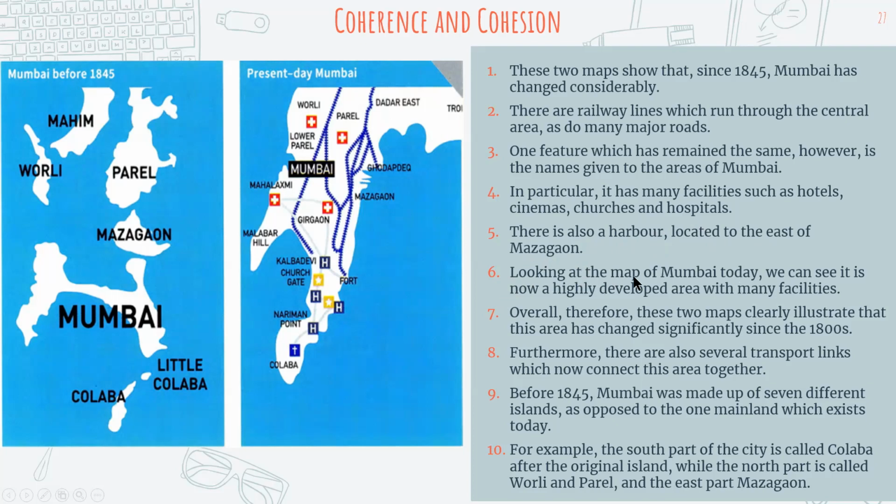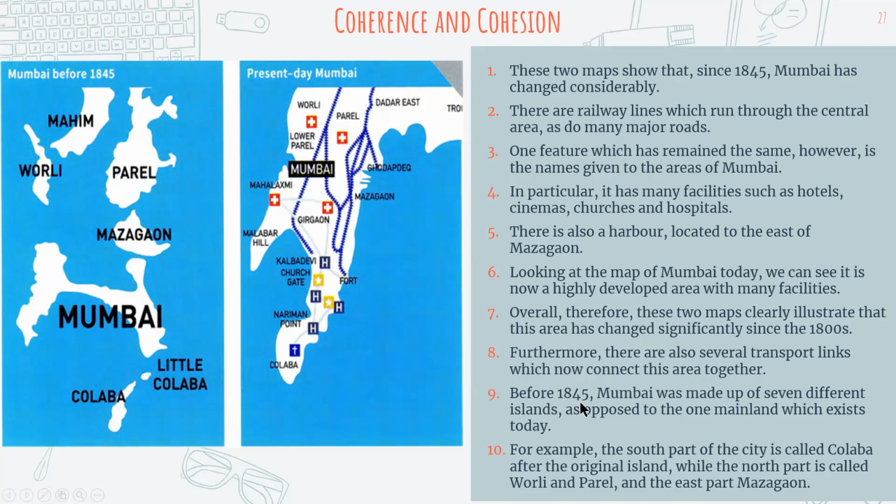Looking at the map of Mumbai today, we can see it's now a highly developed area with many facilities. Overall, therefore, these two maps clearly illustrate that this area has changed significantly since the 1800s. We have used the present perfect simple here too, in the passive voice. Furthermore, there are also several transport links which now connect this area together.